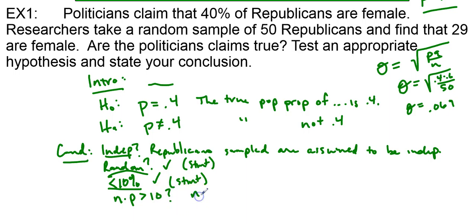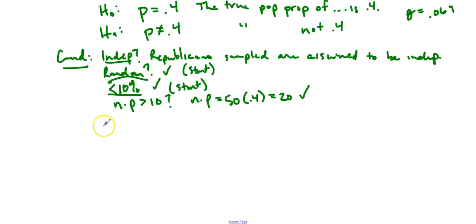N times P in this case, N is 50, P is 0.4. We would expect to get 20. So that's good. Alright, so we can proceed with our one proportion Z-test.